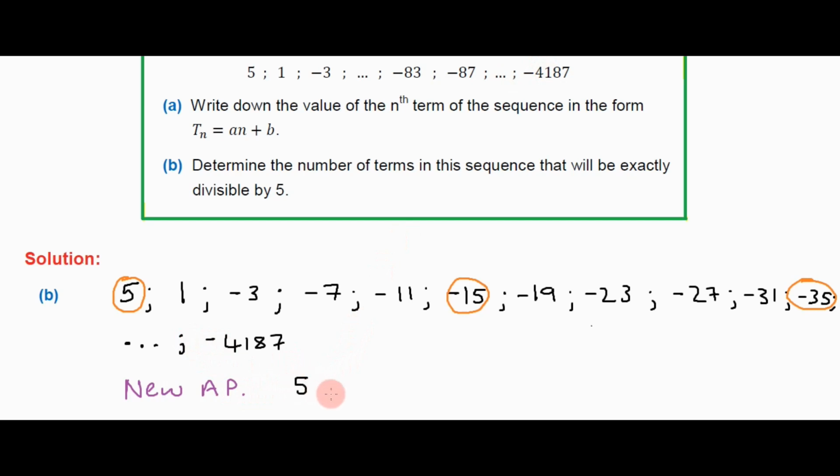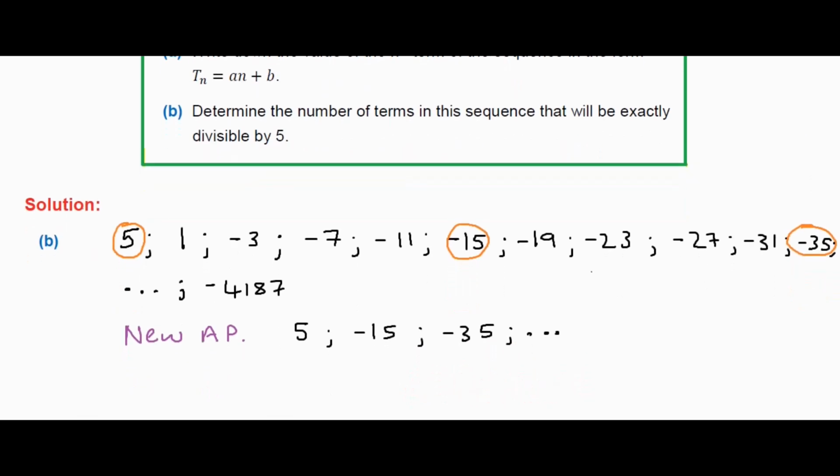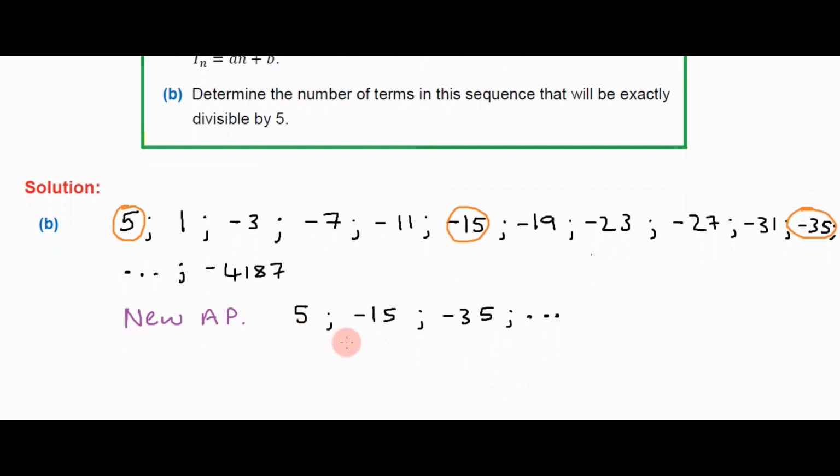So it's 5, negative 15, negative 35, etc. It's a new AP because it has a common difference, in other words D, of negative 15 minus 5, term 2 minus term 1. And so this is negative 20, the common difference.